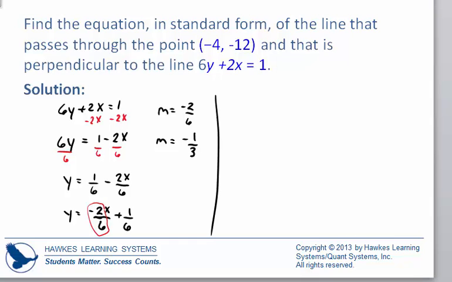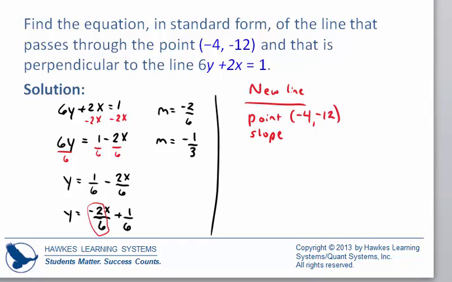Okay, so let's talk now about the line that we want to graph, or the line that we want to write an equation for. What do we know about that line? It says find the equation in standard form of the line that passes through the point. So we definitely have a point for our new line. We know that it contains the point (-4, -12).